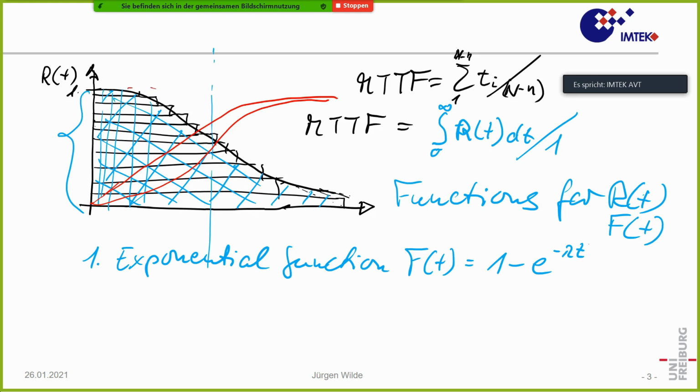So it can have some kind of lag until it increases in a progressive way, or we can have something like an initial linear increase, but finally the slope decays and we approach 100% of failures.